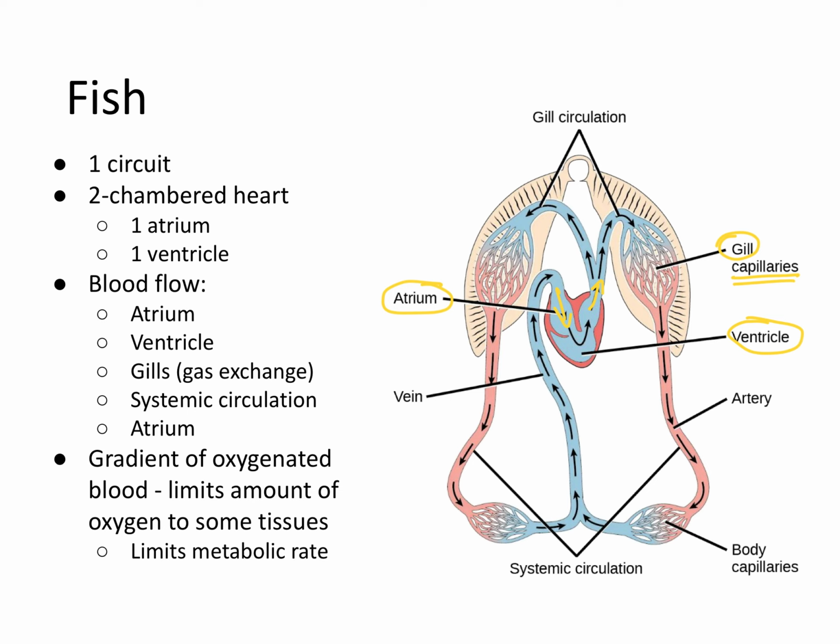These are similar to pulmonary capillaries. And in the gills, carbon dioxide is going to leave the blood and go into the water, and then dissolved oxygen is going to diffuse from the water into the blood.